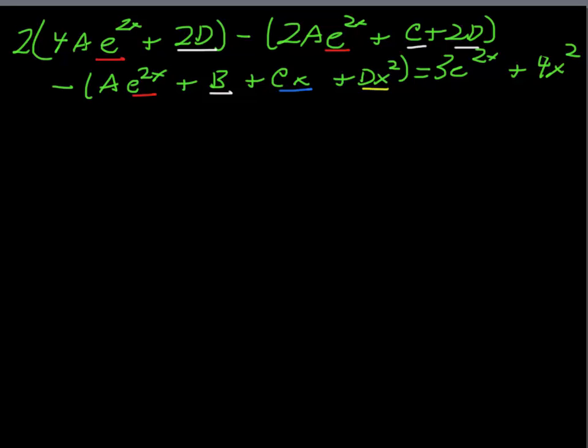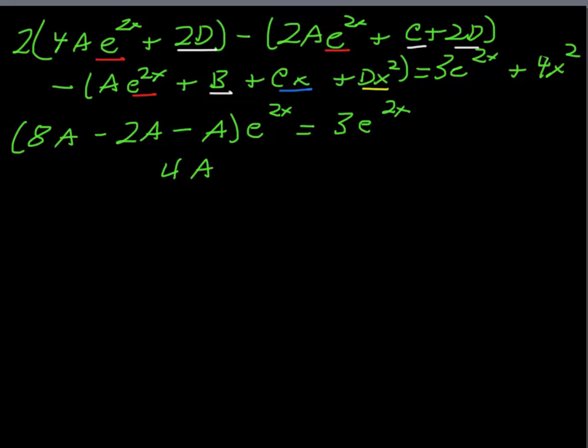Okay, so let's do that. Let's do the e to the 2x first. So it looks like for e to the 2x, we have an 8a minus 2a minus a e to the 2x. This equals 3e to the 2x. So 8 minus 2 minus 1 is 5, no wait, 8 minus 2 minus 1 is 4?